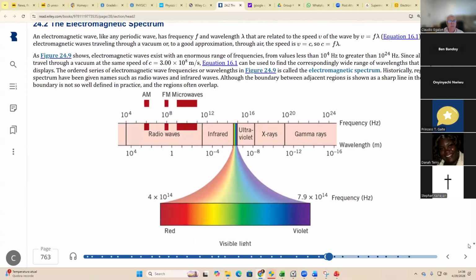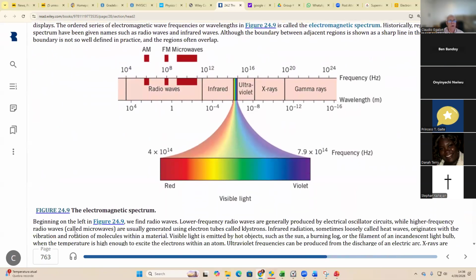That's the electromagnetic spectrum that I mentioned to you. Radio waves, microwaves. Within the radio waves, we have AM and FM waves. Memorize this spectrum, right? Here is the region where the human eye is sensitive, the visible spectrum.